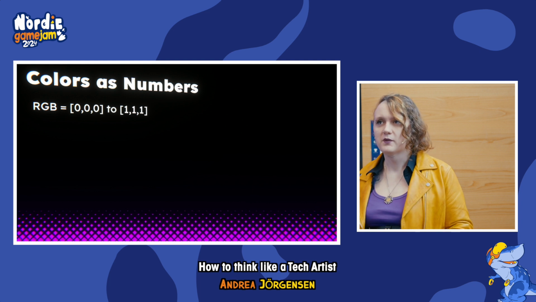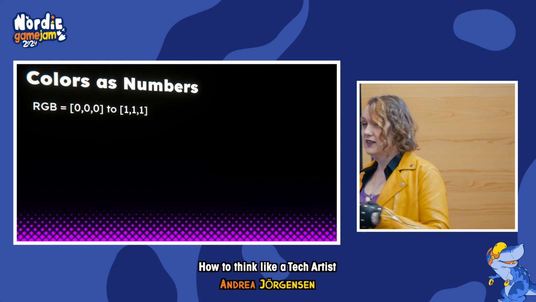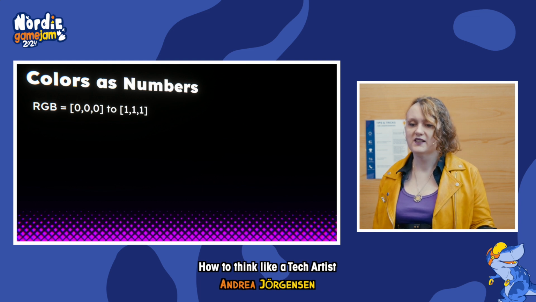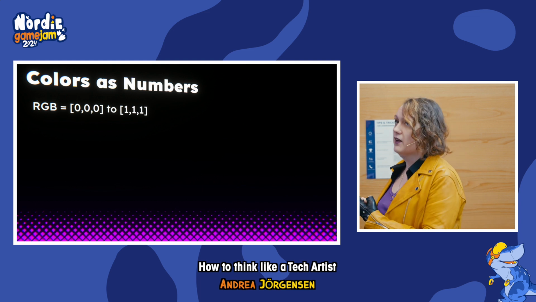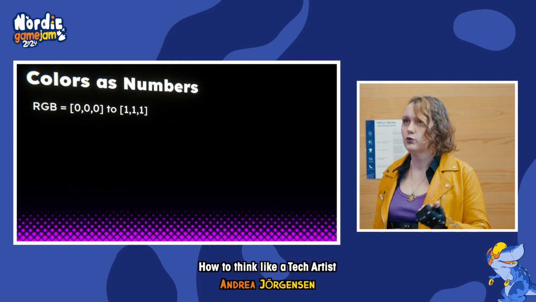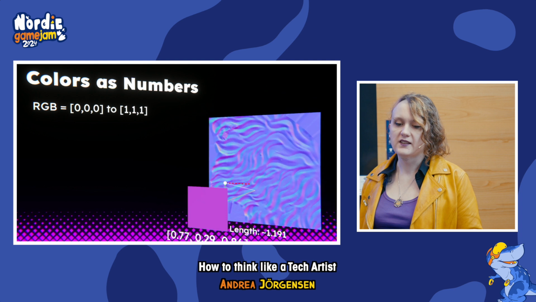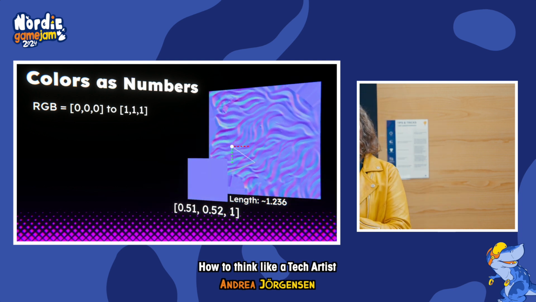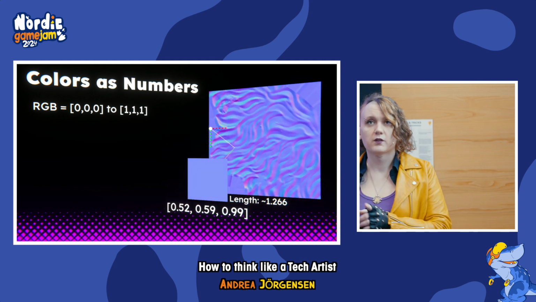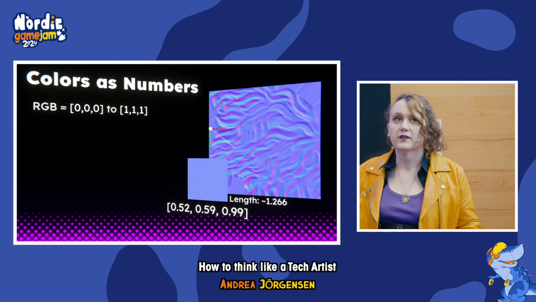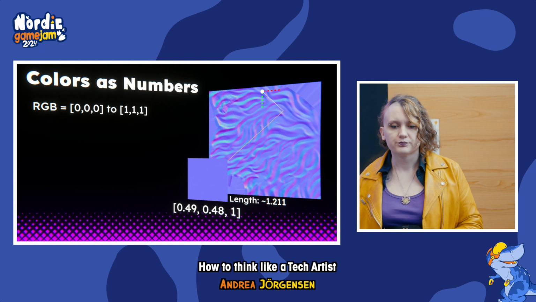We often just mark them as X, Y, and Z. They just look red, green, or blue when you open an image. The way the computer sees it, it's just 3 values that range from 0 to 1. So what's really stored in that normal map is actually a normal vector, just like what I talked about in the model before. It points in a direction depending on the information in the image.